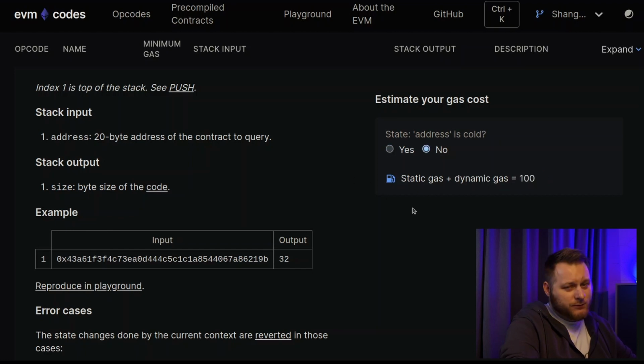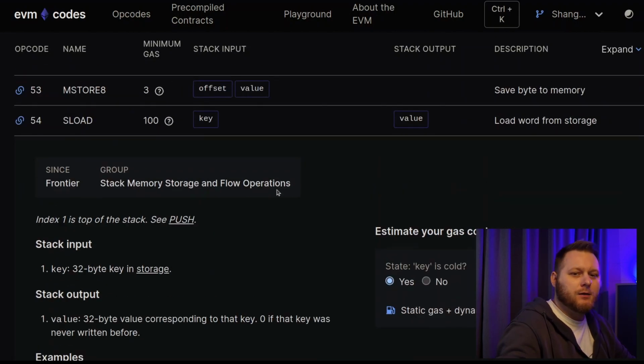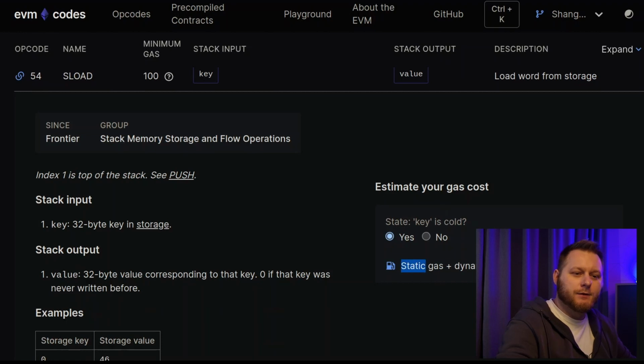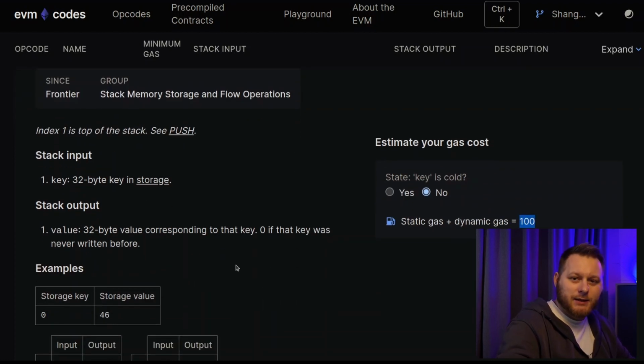And if it's warm, if it was already read before, you are only paying 100 gas. The same goes for SLOAD. The first read from storage is 2100 and all the next ones only cost you 100. But still, caching the value either in memory or on the stack is way cheaper than reading it, even if it's warm.